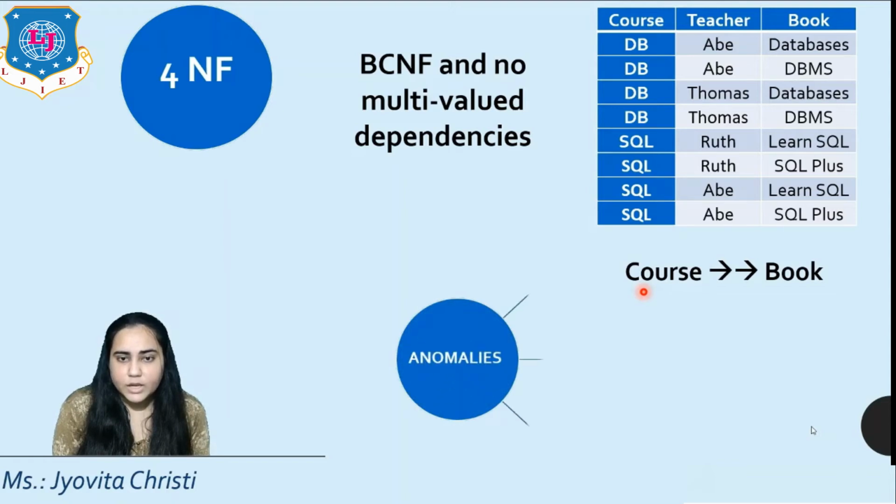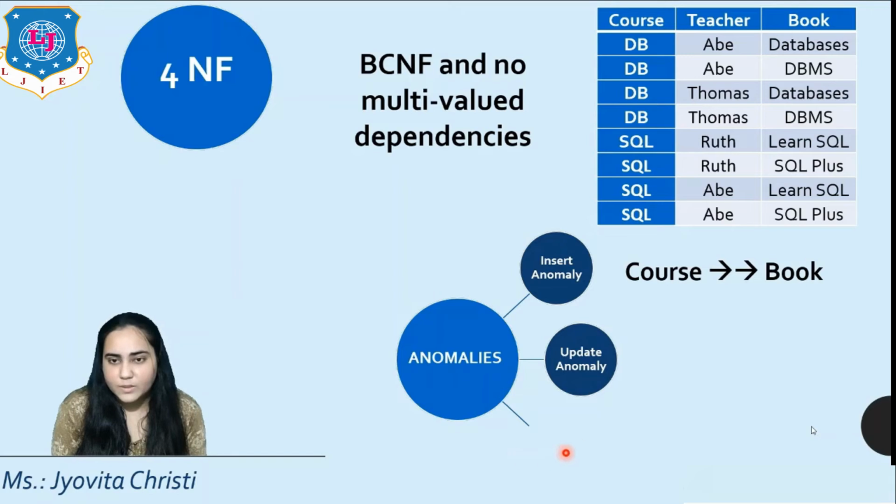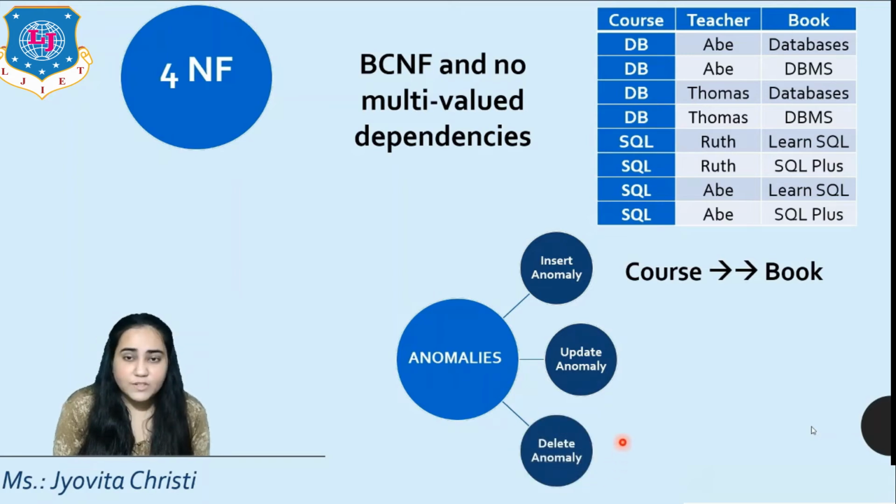I am pointing out these anomalies, but I'm not going to tell you in detail what they are all about. I leave it up to you to understand how this causes anomalies. If you don't know what anomalies are, please watch the videos on 1NF, and from 2NF to BCNF onwards, and you'll understand what anomalies are.